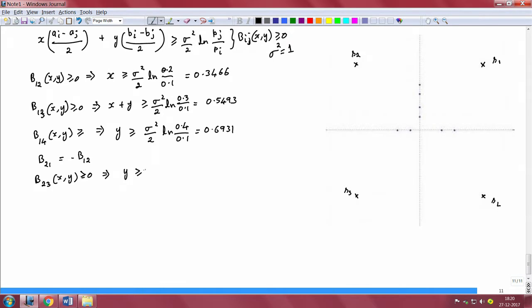So, here we have y greater than sigma square by 2 logarithm of the ratio of probabilities, which is 0.3 by 0.2, and this comes out to 0.2027. Similarly, b24: between 2 and 4 both x and y coordinates are different and if you substitute you will get this.